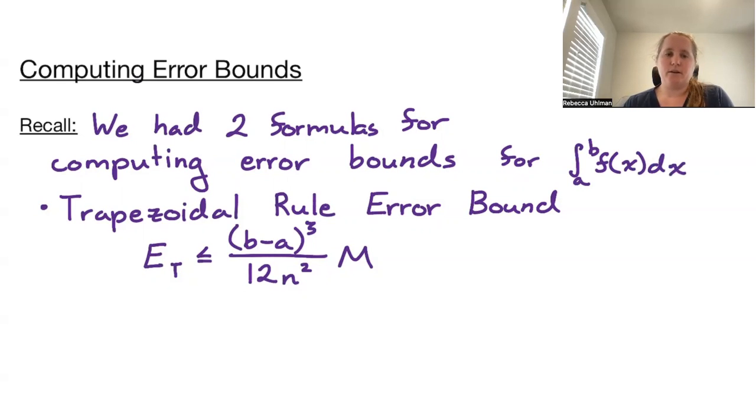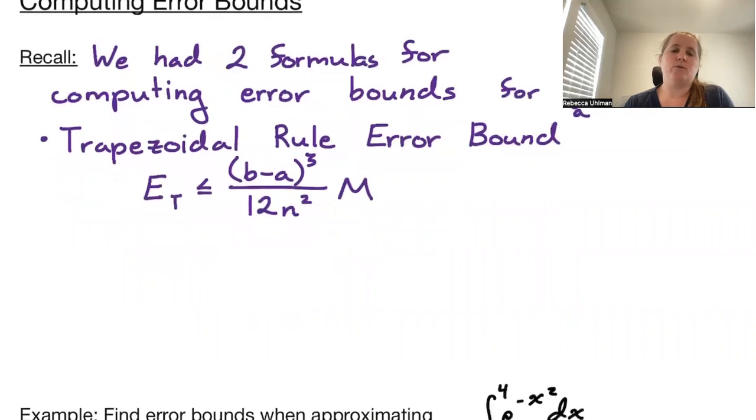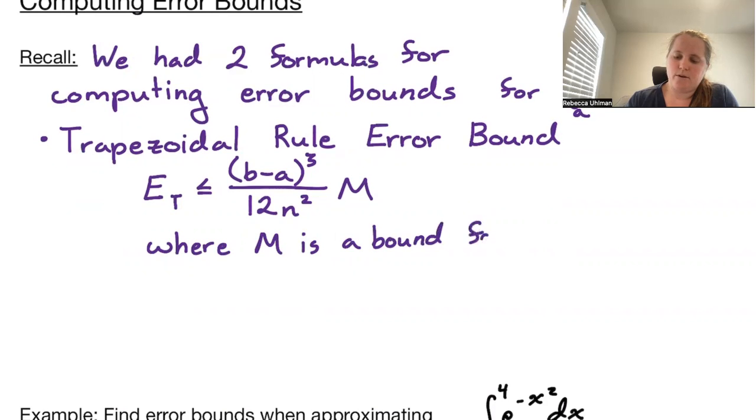So the error for the trapezoidal rule is less than or equal to (b minus a) cubed over 12n squared, all times M, where M is a bound for the second derivative of f on [a, b].